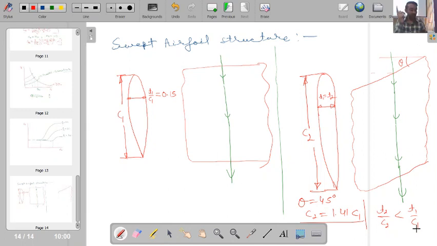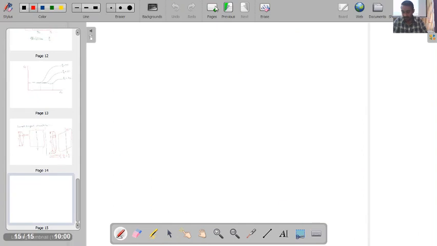That is the reason that the aerofoil structure of an aeroplane is actually not straight. If you see an aeroplane from the top view, how does it look? Say this is the main central portion.